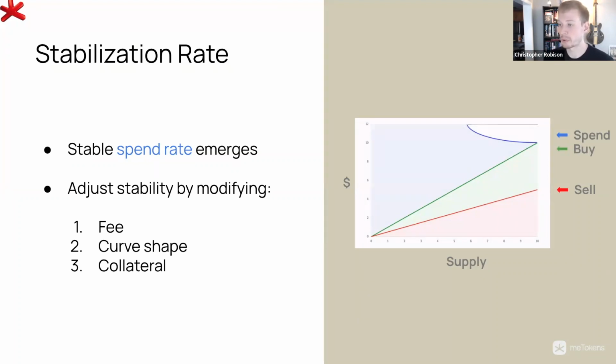And those three parameters are the fee, so the delta between the floor and the ceiling, the curve shape, so if the curve is linear, exponential, whatever, and then also the type of collateral that you choose to back your meToken by.